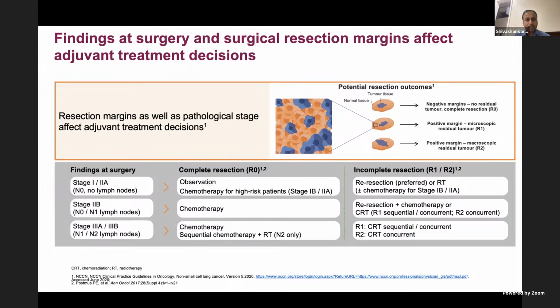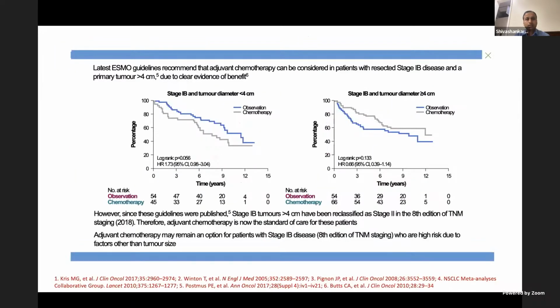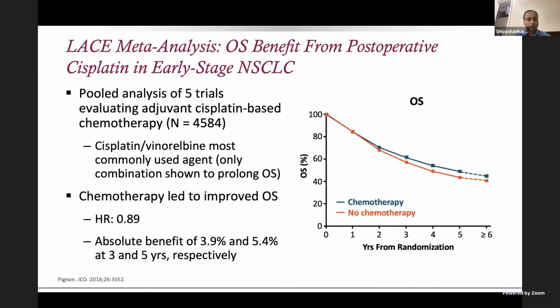If they are potentially resectable lung cancers, they will receive chemotherapy along with immunotherapy, followed by surgery, followed by continuation of immunotherapy. So despite these advances, the majority of patients do recur. If you do surgery alone, half of the patients do recur.